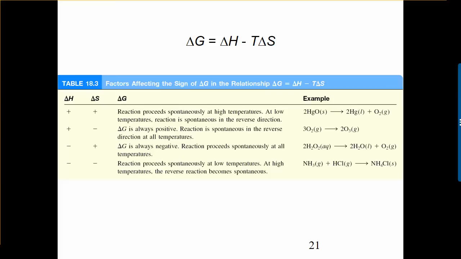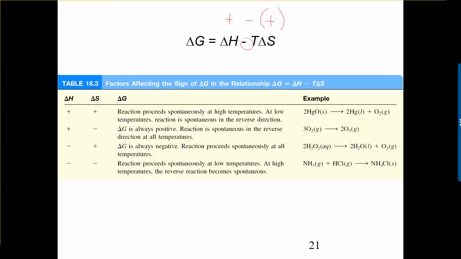This reaction proceeds spontaneously at high temperatures. At low temperatures, the reaction is spontaneous in the reverse direction. Okay? So if this is positive and this is positive, then because this is a negative, it changes this to a what?